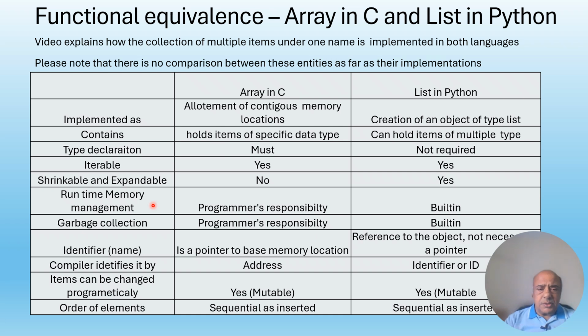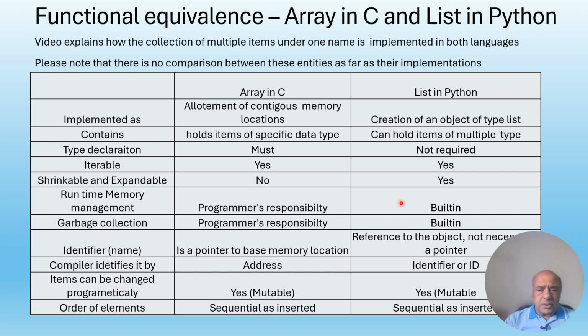Runtime memory management is a programmer's responsibility in C as far as array bound is concerned. In list it is built in. Programmer doesn't have to look into and take care of the number of items that a list has been declared to store and actual addition or deletion and making the list shrink or expand.